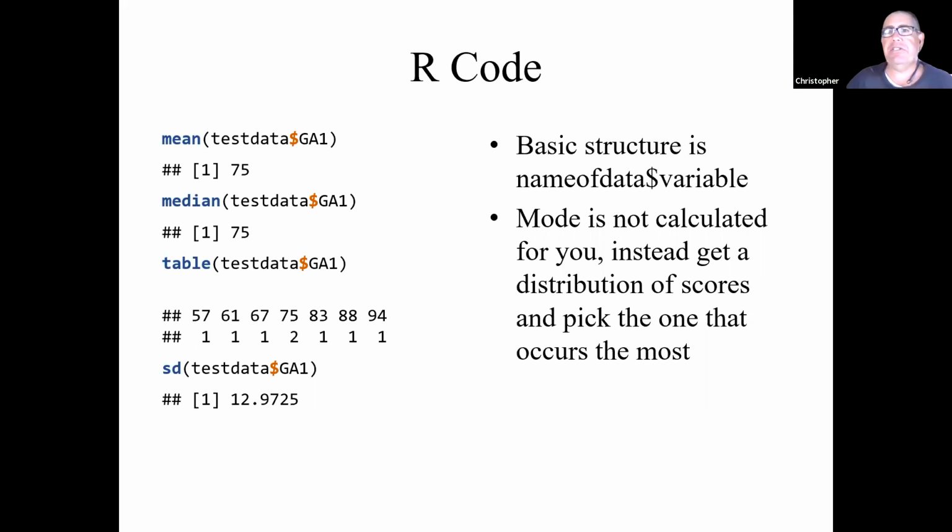Commands are really plain here. They match the names of what we're looking for. You can't get the mode. There's no mode command, but we can use what's called the table command. What this is going to do is list out all of the different scores and how many people scored that, and you'll see that in the second set of numbers there, the second row. You see every score had a 1 except for a 75, which had a 2, so that would become the mode. And you can see a simple command for getting the standard deviation as well.